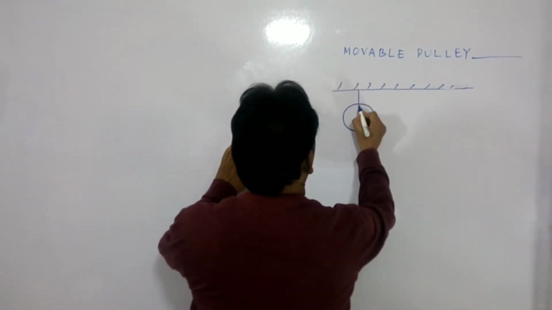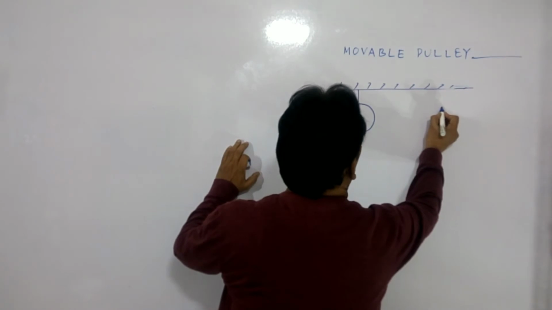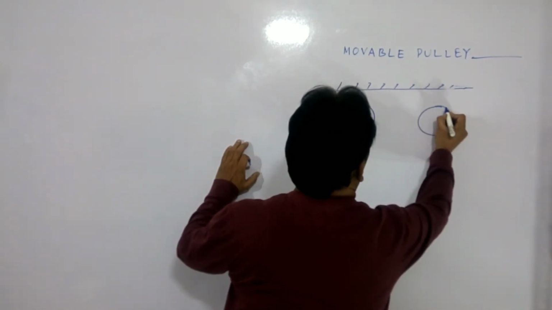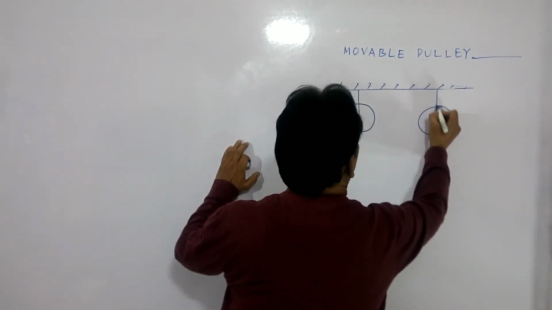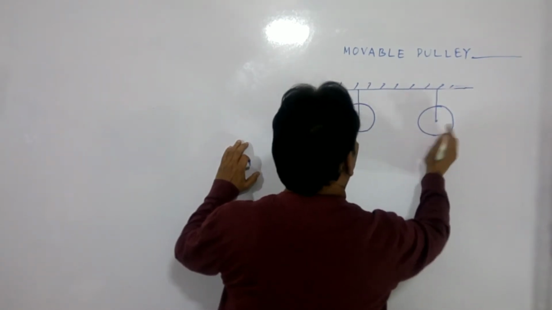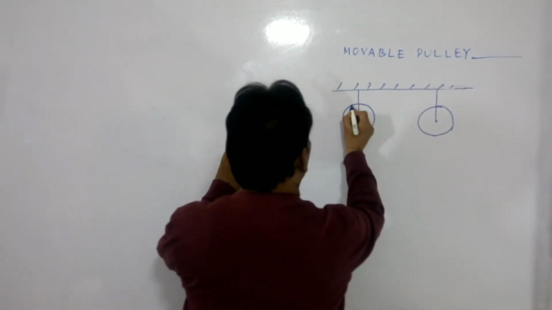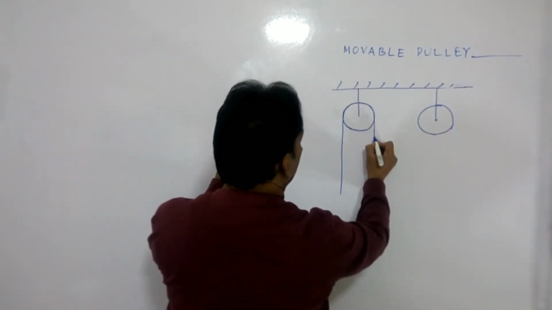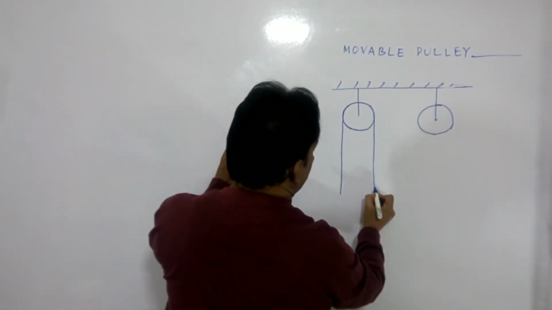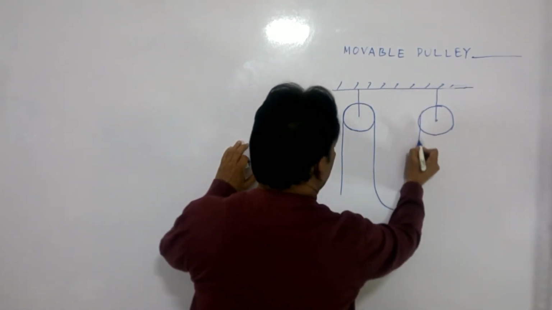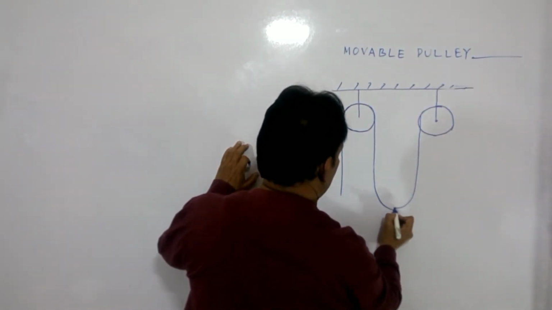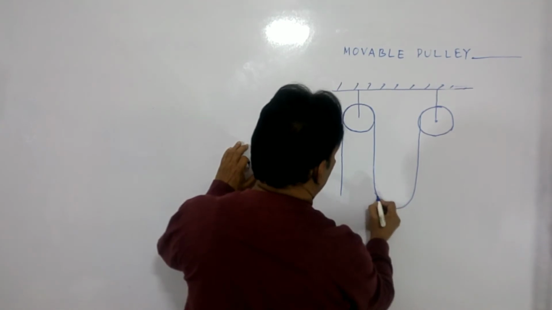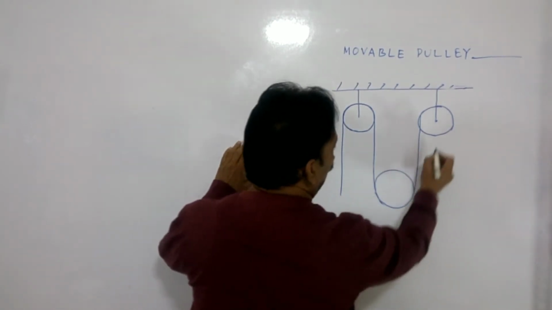It is a pulley, and we have one more. Okay, students, a string is moving over and is passing over one more pulley.